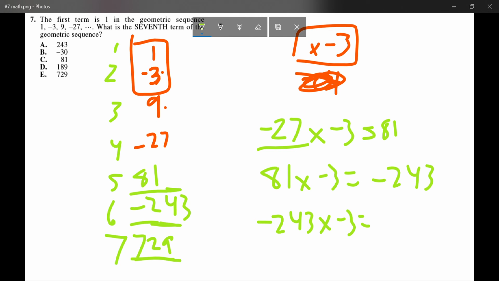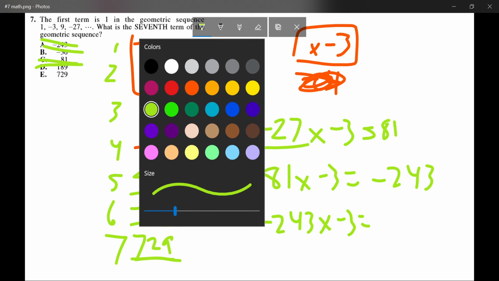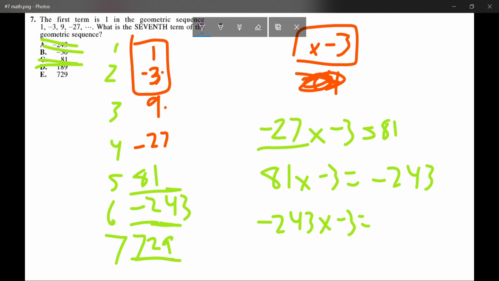It's going to be bigger than 243 and it's going to be positive. So we know we can cross out the negative options because they don't fit our criteria. So we knew, actually, without even using a calculator, once we got to the last part, the answer was going to be 729.